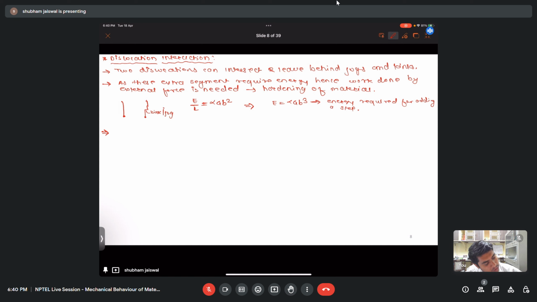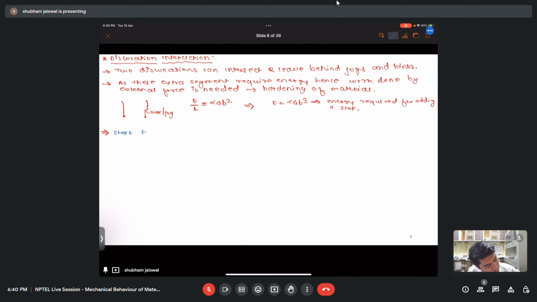Here we need to remember one thing, that the steps formed in dislocation 1 will be parallel to the Burgers vector of dislocation 2, and its size or magnitude will be equal to the magnitude of the second Burgers vector.